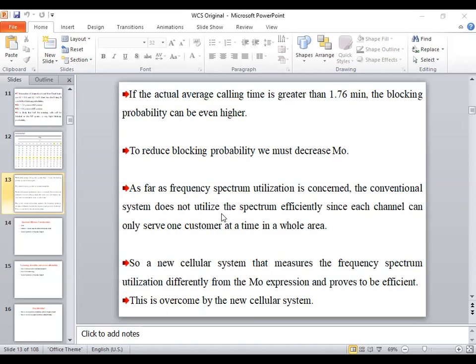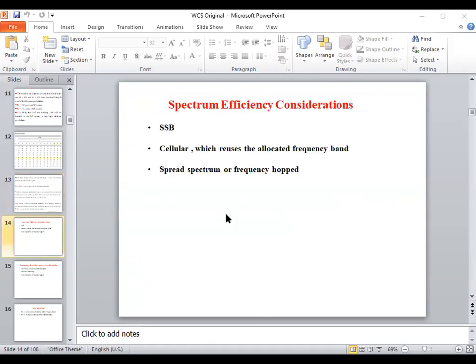Next under consideration is spectrum efficiency consideration. A major problem facing the radio communication industry is the limitation of the available radio frequency spectrum. So the FCC, the Federal Communication Commission, seeks systems which need minimal bandwidth but provide high usage and customer satisfaction.